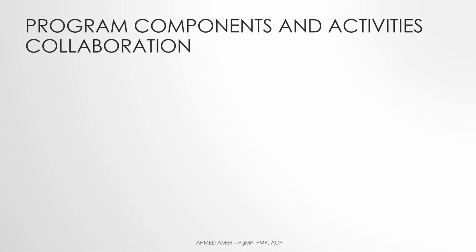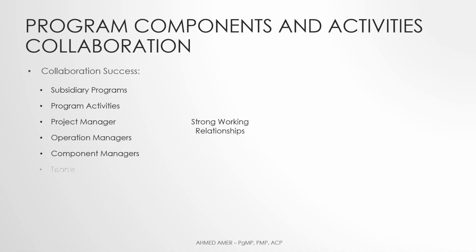What we are trying to explain here is that the success of collaboration at the project and component levels depends on strong working relationships among subsidiary programs, program activities, project managers, operations managers, component managers, teams, and their respective stakeholders. Effective communication across these groups is essential at the project level.